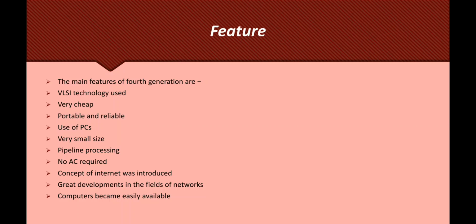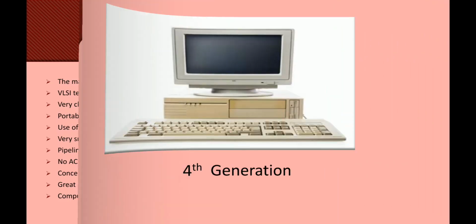The concept of the internet was also introduced at that time, so they also used the internet. And there were great developments in the field of networks. They created large networks, and computers became easily available to the people, to the market, easy to get for all. So these are the features of the fourth generation computer, not the language, the computer.